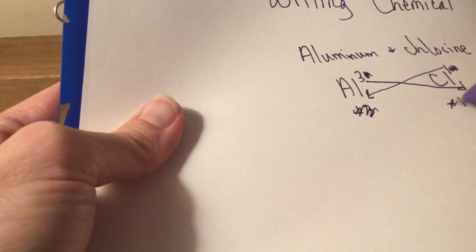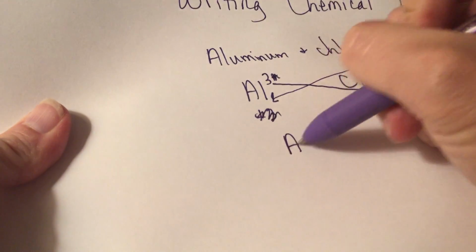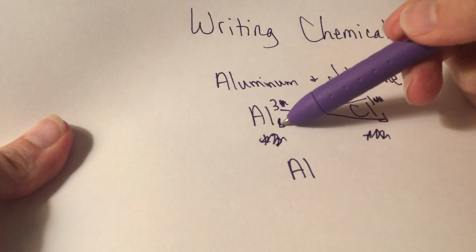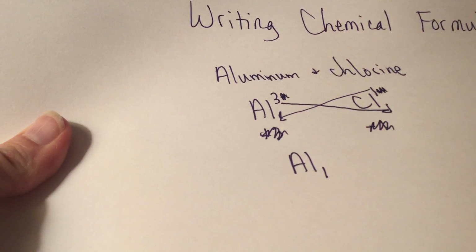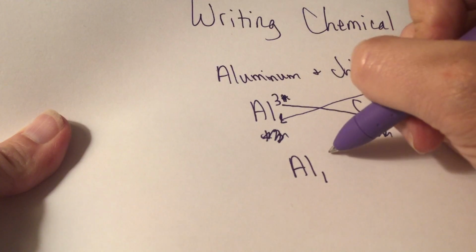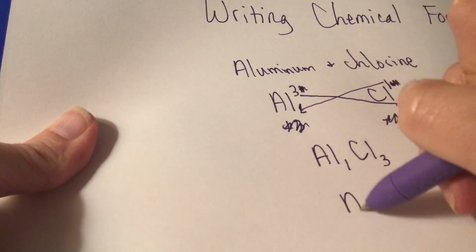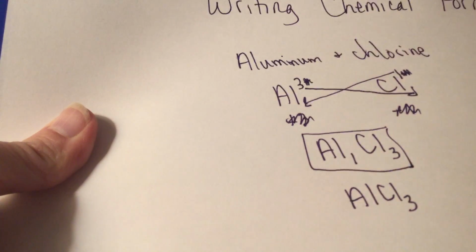So now I'm going to rewrite aluminum, and I took that 1 down there, so I can write a 1, but I don't have to because a 1 is understood. Then I'm going to take that 3, it goes with chlorine, so I'm going to write chlorine and write the 3. So aluminum chloride.